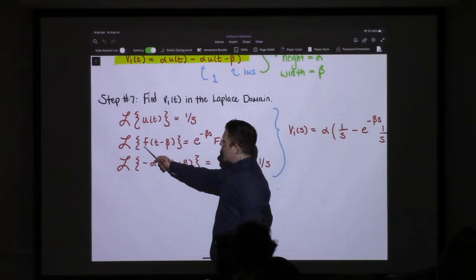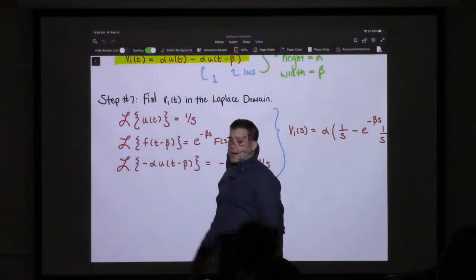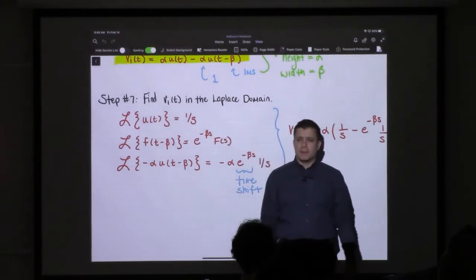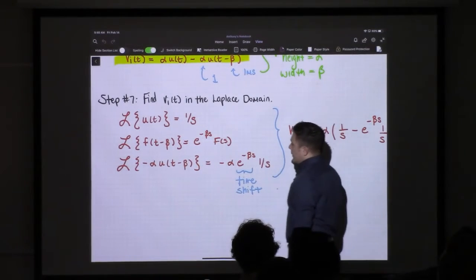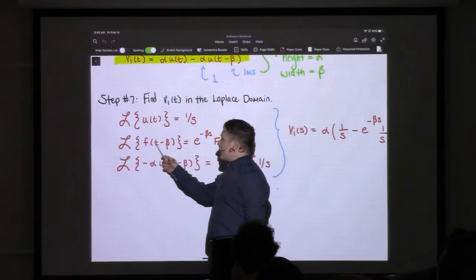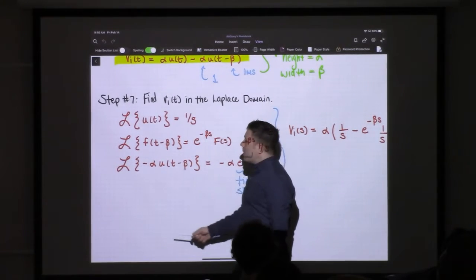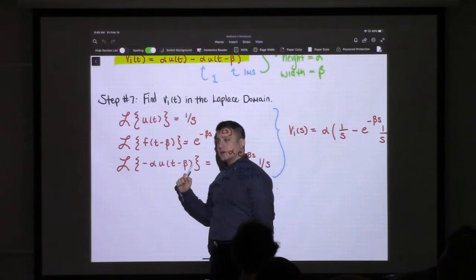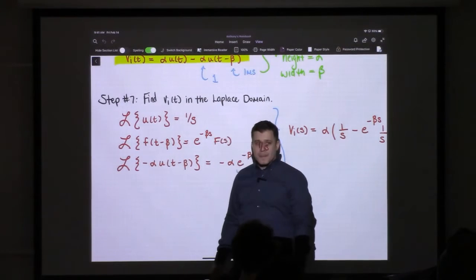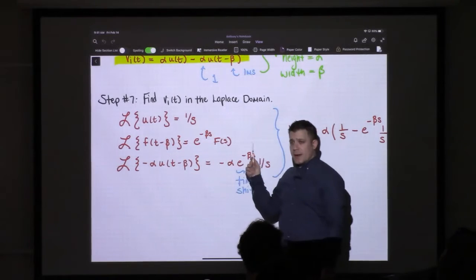Next, how do we apply the time shift property of Laplace transforms? We know that the Laplace transform of f of t is equal to F of s. What about the Laplace transform of f of t shifted by beta? Okay, moving it right or left. Is that going to be F of s minus beta?